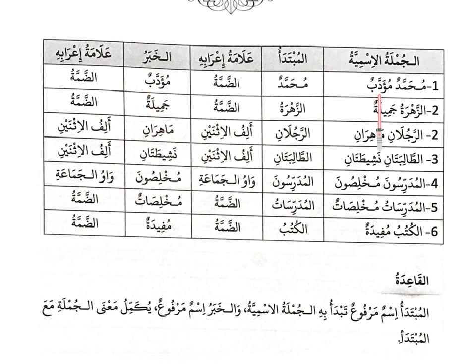In this sentence, the word mu'addab is the khabar, the predicate. What is the state of the predicate? From the lesson, we know that al-khabar is also marfu'. So when something is marfu', what is the ending of the word? Yes, the ending of the word is dhamma.